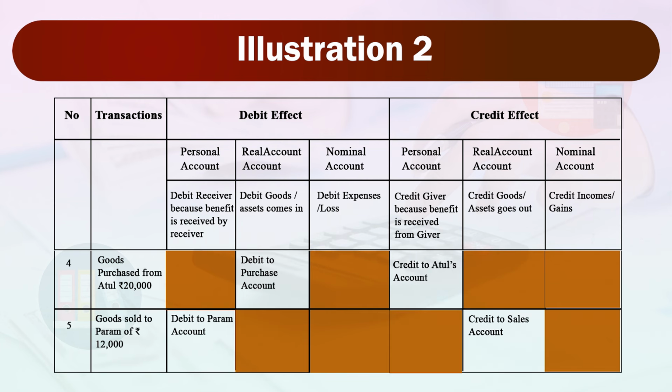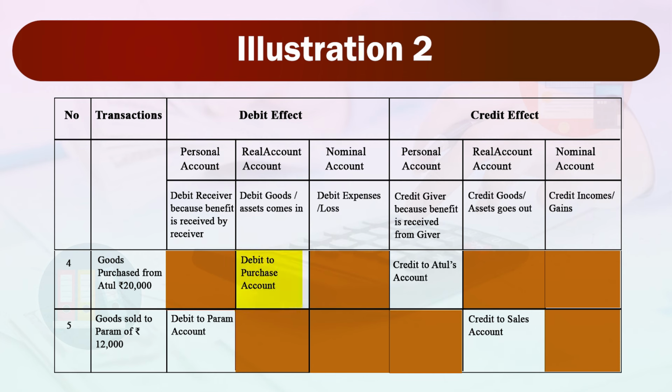Fourth transaction is goods purchased from Atul rupees 20,000. Here we are purchasing the goods. So, first account is purchase account. Purchase account is treated as real account. So, rule of real account will be applied, debit whatever comes in and credit whatever goes out.